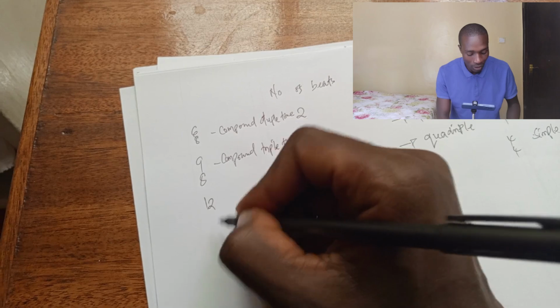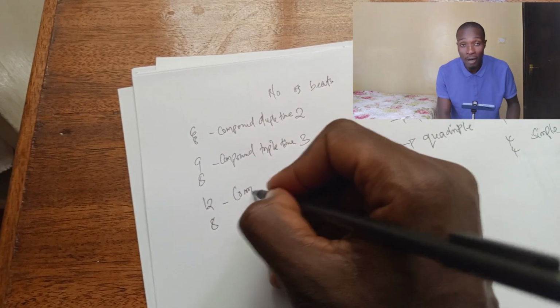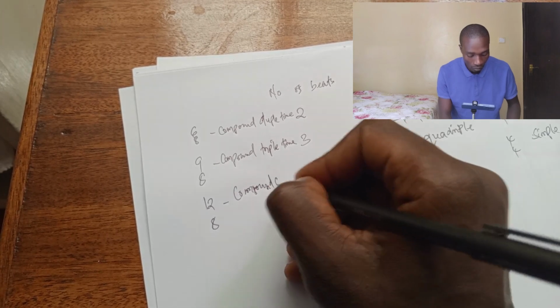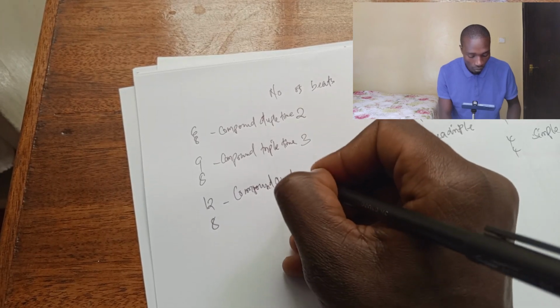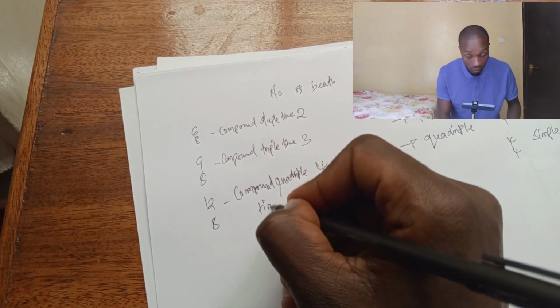And if it is 12/8, the upper value is 12, we can say it is a compound quadruple time. And that's how at least you can define the time signatures, whether it be simple or compound time signature.